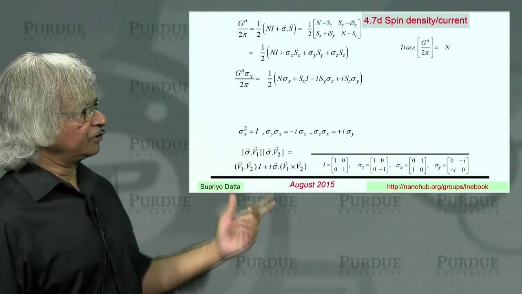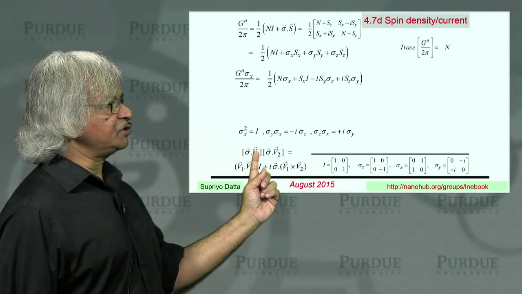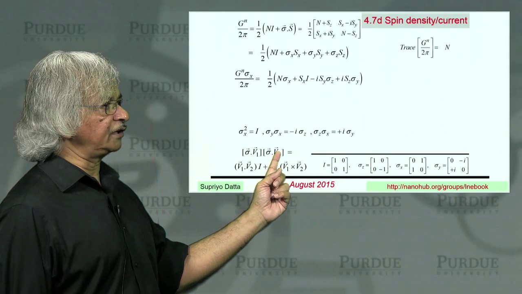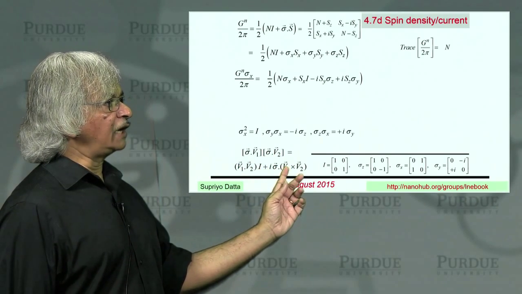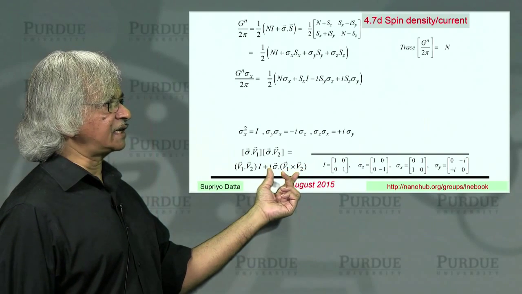Okay? So you can show that sigma x squared equals I. Another thing you could check out is that if you have sigma y times sigma x, which means we choose this to be the unit vector along y, this is the unit vector along x, then y dot x, that drops out. Y cross x is minus z, and so this becomes minus i sigma z.